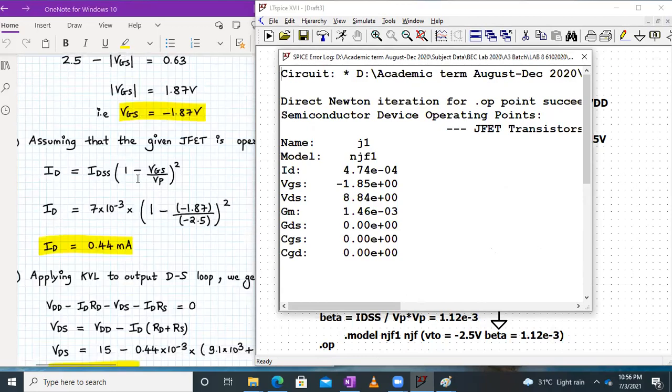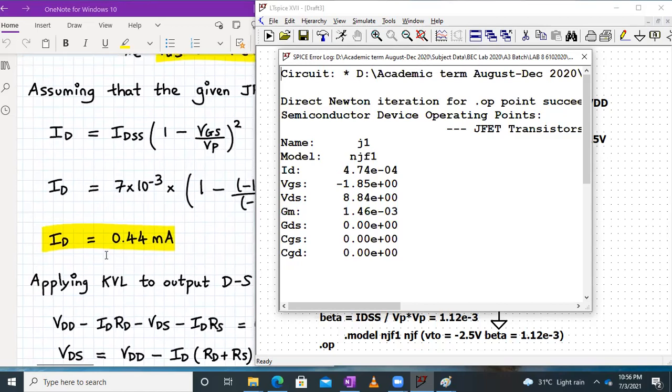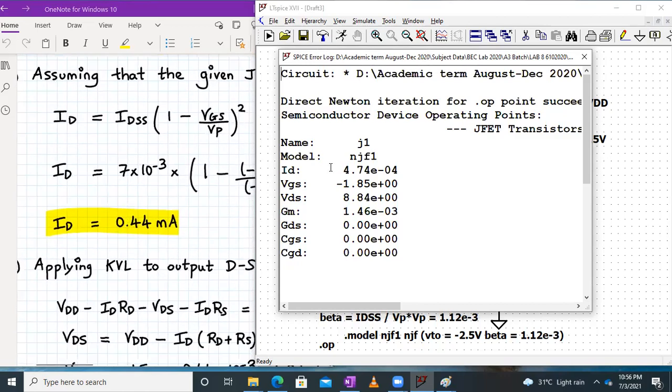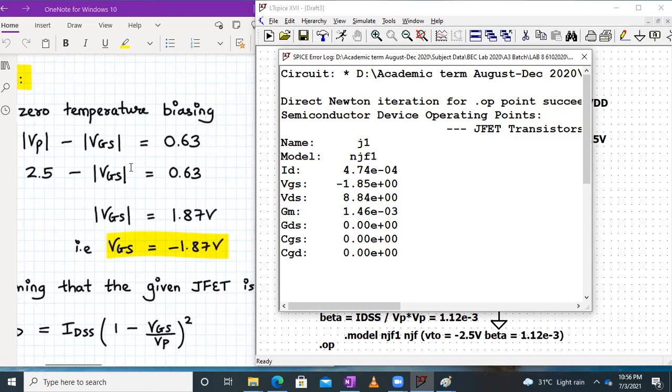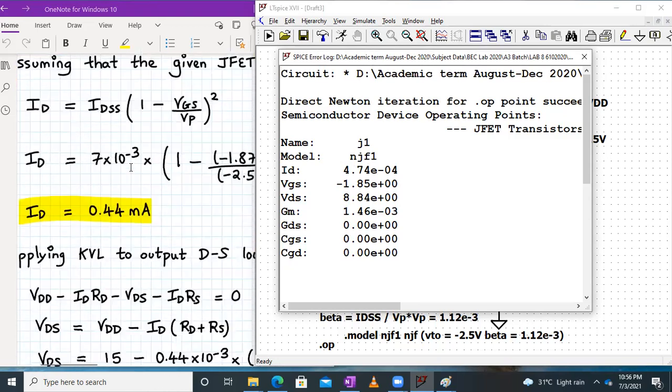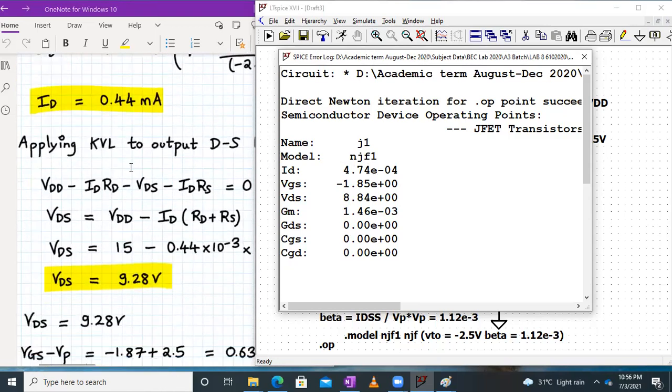Okay, so here the value of ID is slightly deviating. It's coming out to be 4.74 into 10 raised to minus 4, which is same as 0.474. We are using a zero temperature drift, so that's an assumption. So there will be a slight deviation. That is absolutely fine.